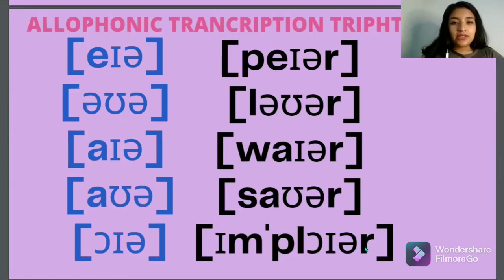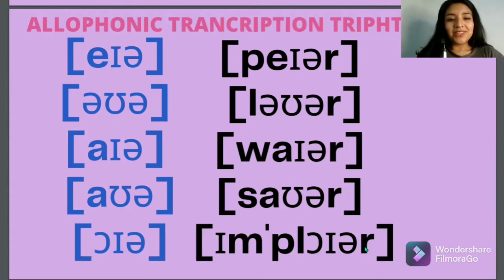In the case of the first triphthong, that is air, I have the word hair. The second triphthong gives us the word lower. And in the third position, we have the triphthong I, so we can say the word warrior.